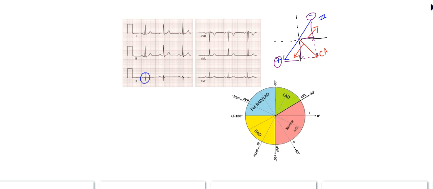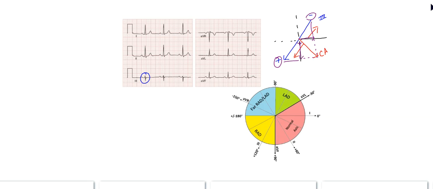Okay? And that's why, when the actual cardiac axis is perpendicular to a particular lead, you will see either nothing. It'll be very low and it'll actually look like there's nothing being measured there. Or you will see a positive and a negative deflection because they share one resultant vector, but not the other.